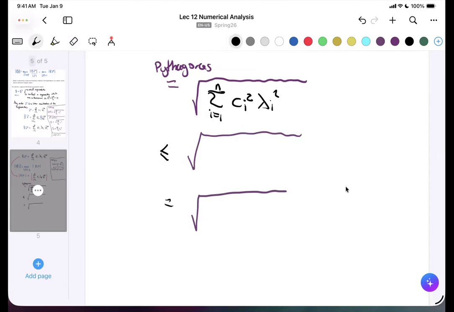Well, how should I say this? The eigenvalues could also be negative, so you look at them in absolute value.